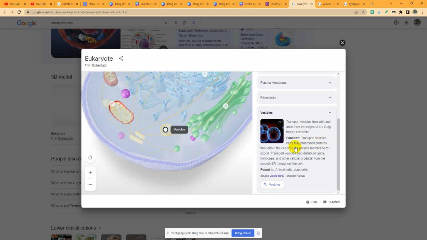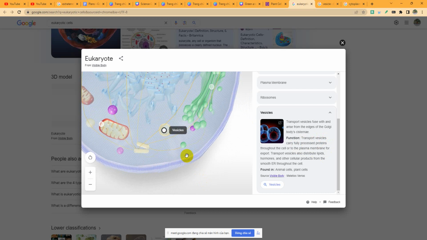Vesicles can carry fully processed proteins. Again, there's always something to do with proteins, which I think is absolutely frustrating to categorize depending on the functions, as I told you earlier. I think all of these things have some relationship with proteins, with energy production, and with synthesis.